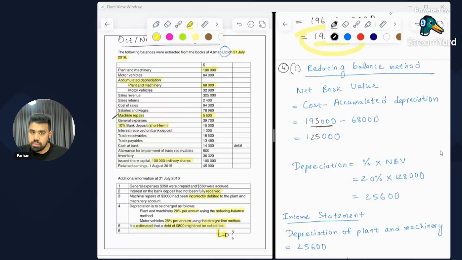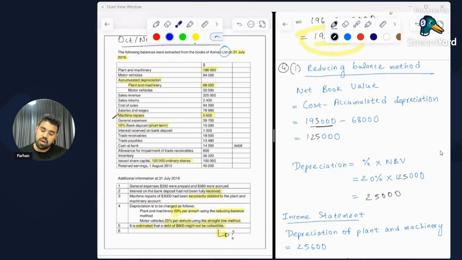Now we want to find the depreciation, and you can find it by multiplying the given percentage with the net book value. The given percentage is 20% based on the question, as you can see here. So 20% multiplied by the net book value of 125,000. How much should the depreciation be? It's going to be $25,000.